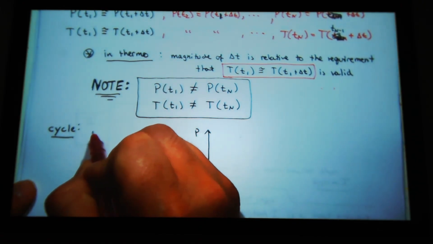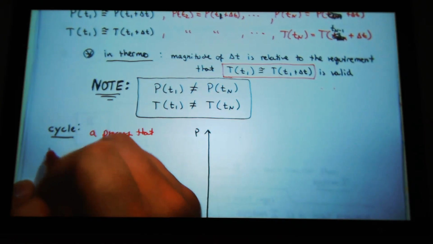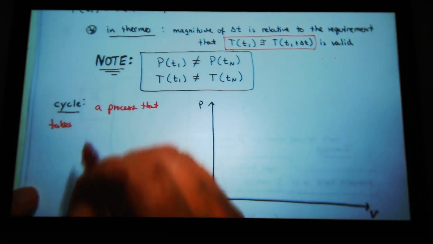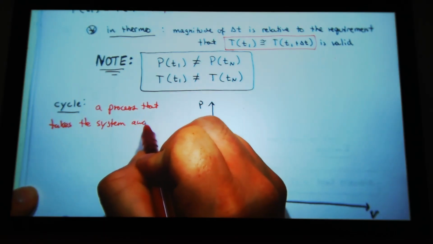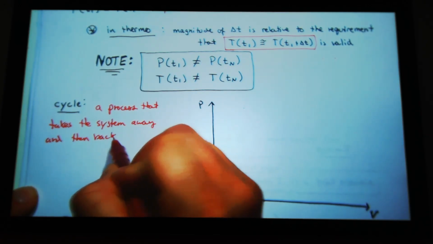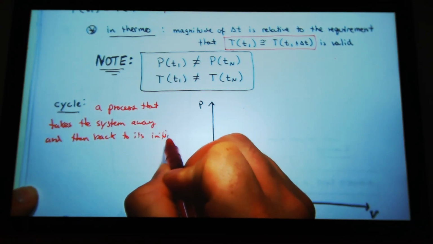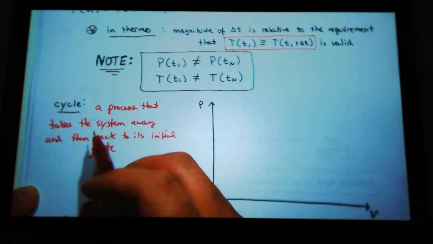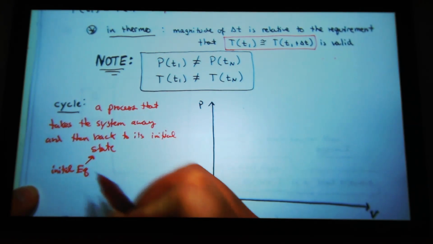So in words, a cycle is a process that takes the system away and then back to its initial state, its initial equilibrium state.